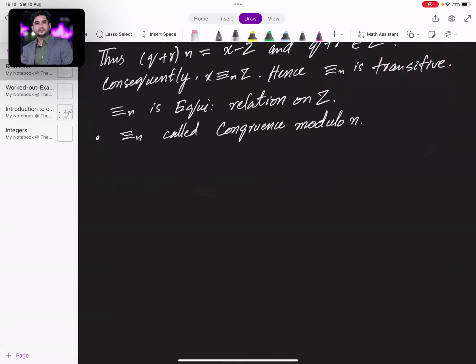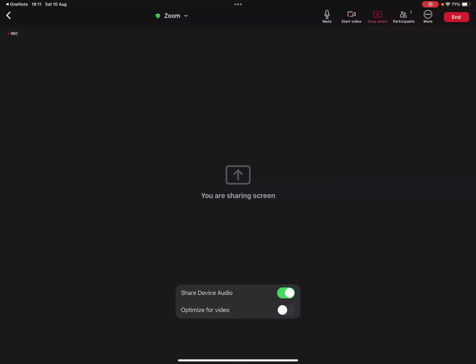We also write this as x congruent to y. We will end our lecture of this part here.